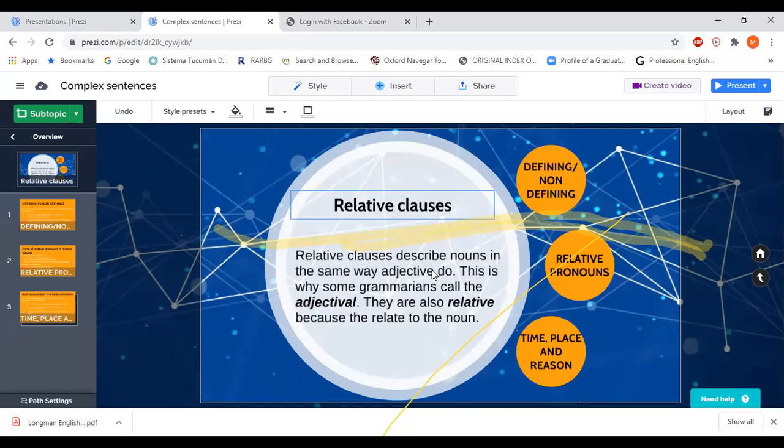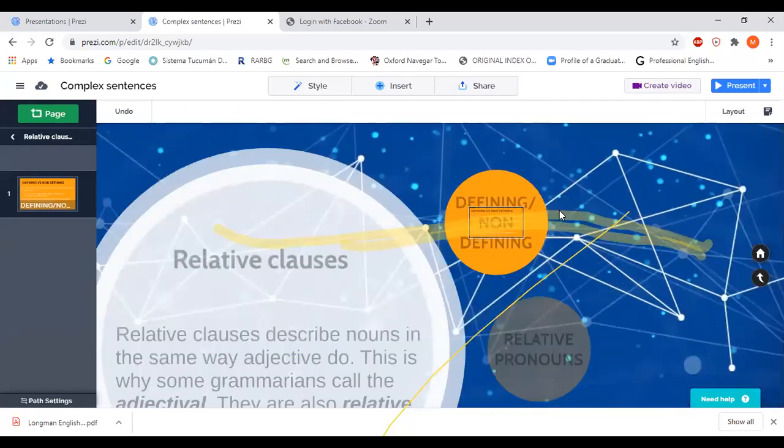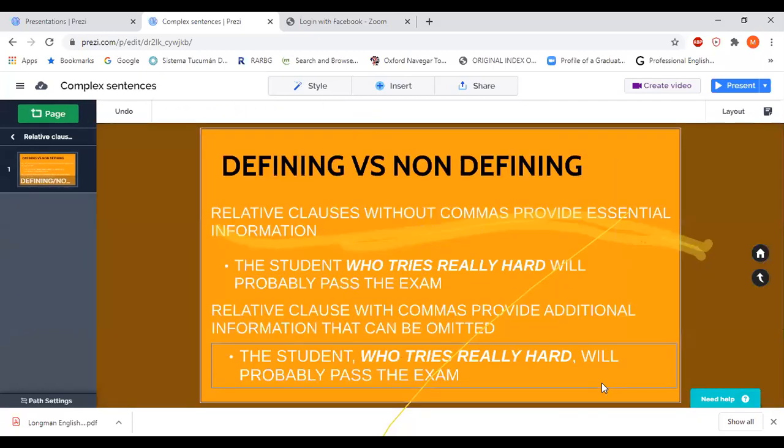Okay, so there are two types of relative clauses, defining and non-defining, okay? Relative clauses without commas provide essential information. What do we mean when we say essential information? We mean that this information is very important to the meaning of the sentence, and the sentence will be difficult to understand or wouldn't be so clear without this piece of information, okay?